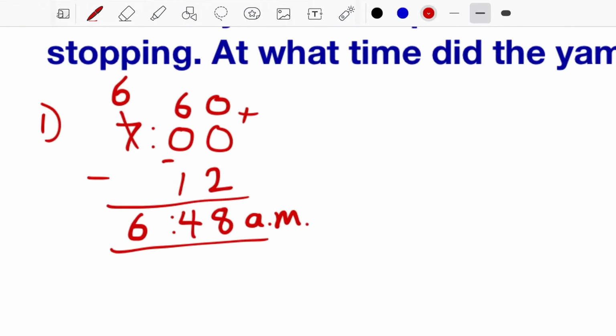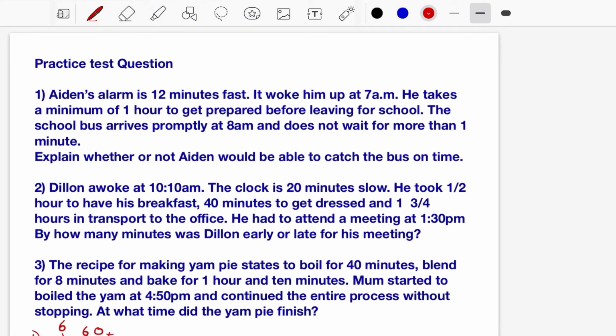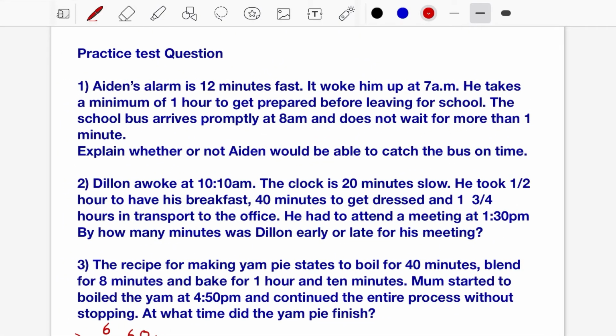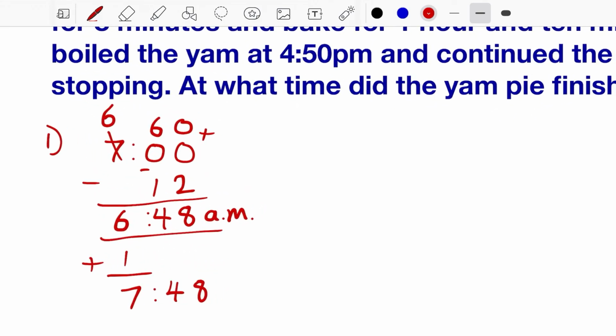So let's add 1 hour. 6:48 plus 1 hour will bring us to 7:48 a.m. And then they said that the school bus arrives promptly at 8 a.m. and does not wait for more than 1 minute. So it means that the bus will leave at 8:01, 8 o'clock plus 1 minute, for the latest.